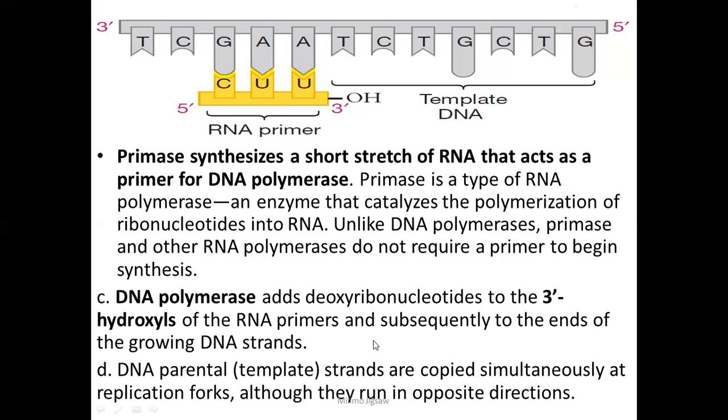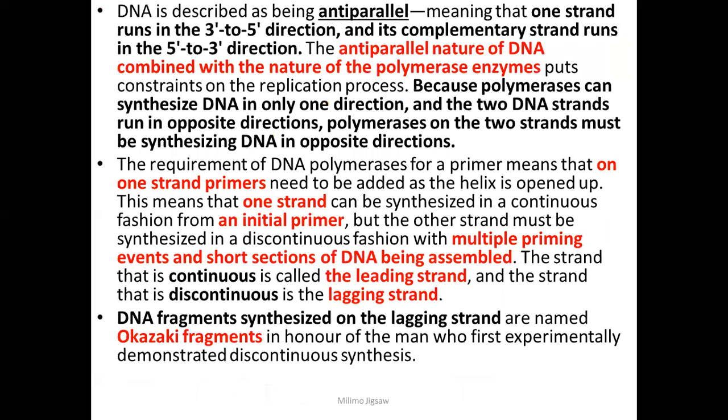And then, remember we said that DNA replication is bidirectional. It means that these DNA parental strands are copied simultaneously at the replication fork, though they are going to run in opposite directions. Remember we said that DNA is described as being antiparallel. One strand runs in the 3' to 5' direction, while the other, complementary strand runs in the 5' to 3' direction.